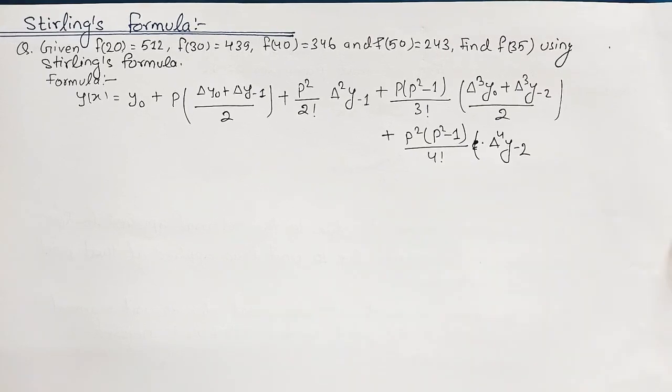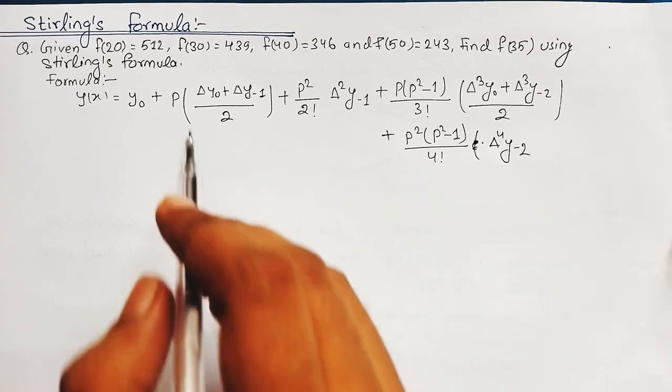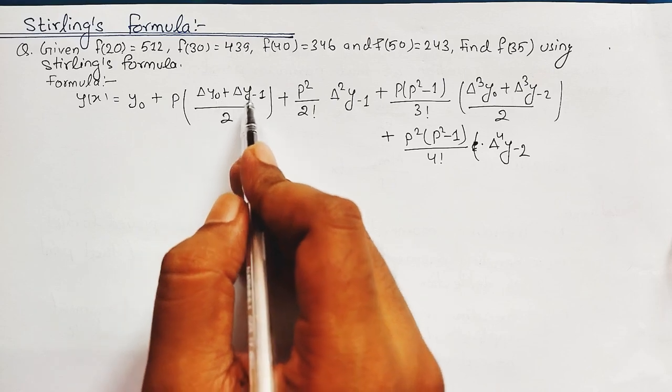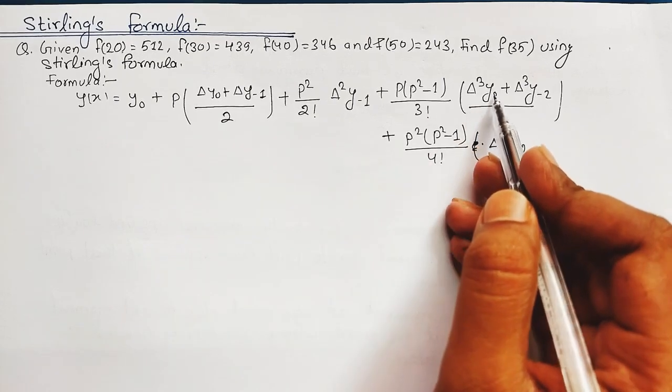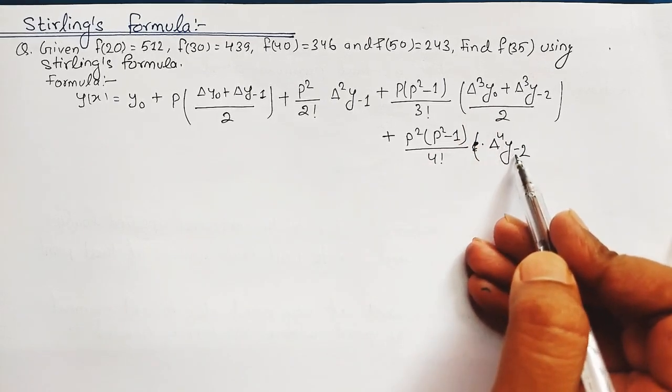Similarly, we will find those values: delta y naught, delta y minus 1, delta cube y naught, and delta 4 y minus 2.